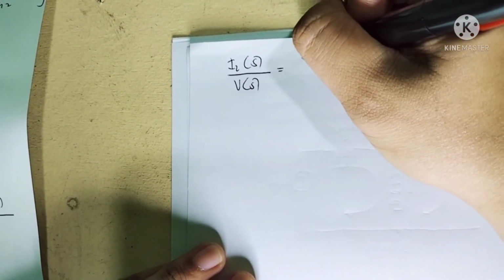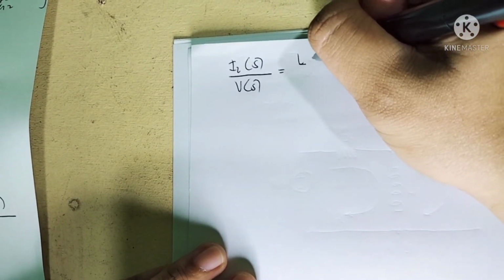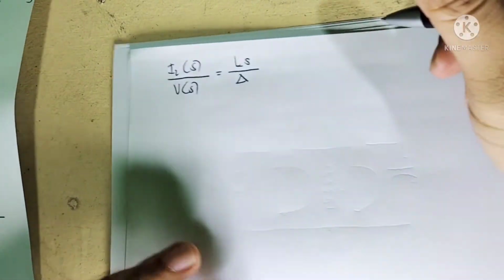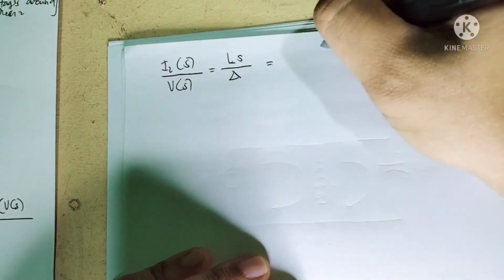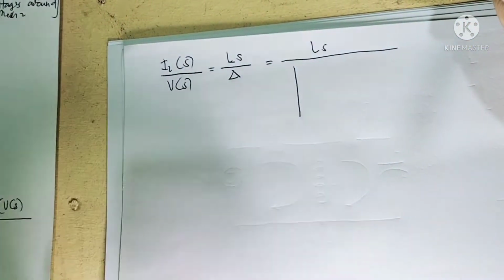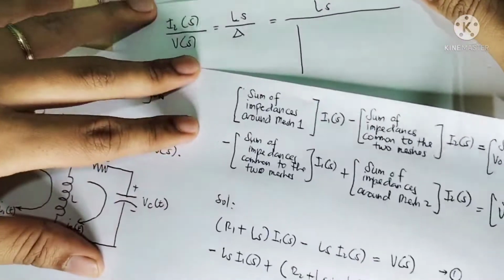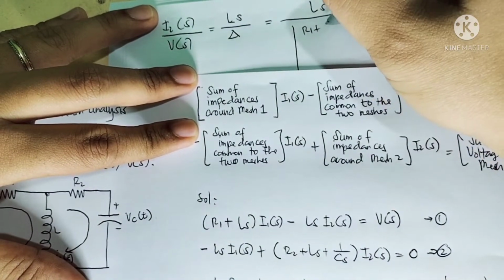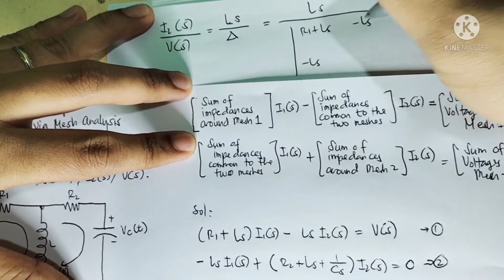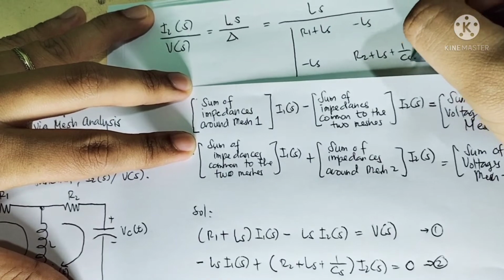By Cramer's rule, we calculated that the transfer function is equal to Ls divided by the delta, where the delta is the coefficient matrix, which is R sub 1 plus Ls, negative Ls, negative Ls, R sub 2 plus Ls plus 1 over Cs.